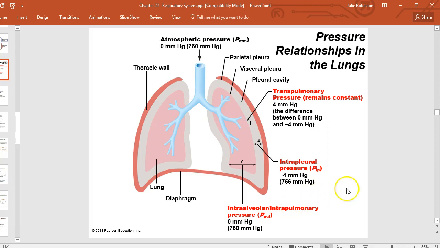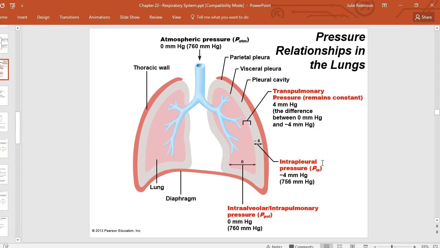And then intrapleural pressure is pressure that's in the pleural cavity. Now that should always be negative, and the reason for that is so that the lungs are continually forced to expand when we inhale.